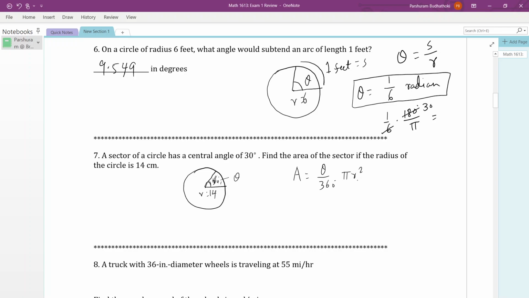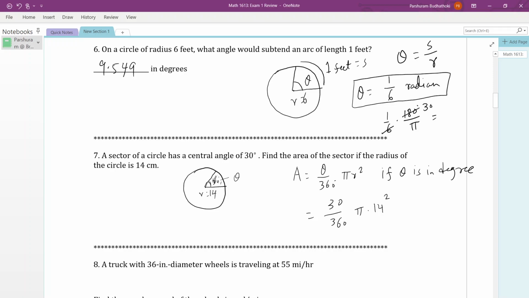That is the answer if theta is in degrees. If theta is in radians, then the formula would be theta over 2 pi times pi r squared. But in this case, because theta is 30 degrees, this is the formula we're going to use. So it's 30 divided by 360 times pi times r squared, which is 14 squared.